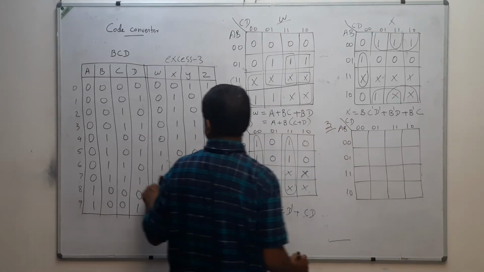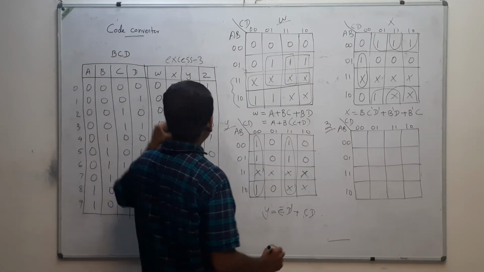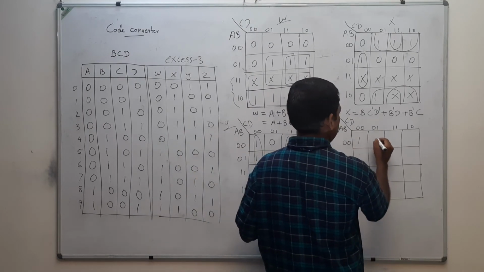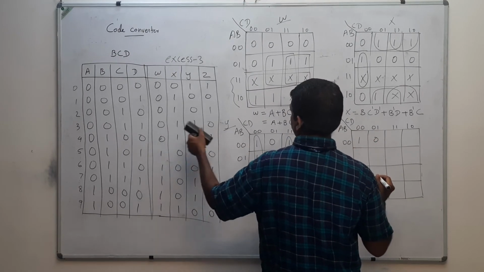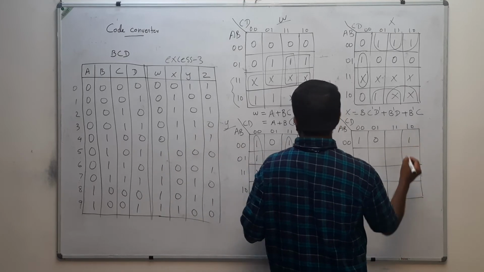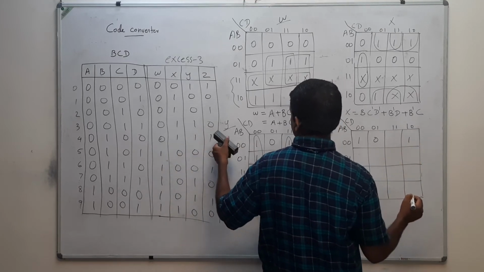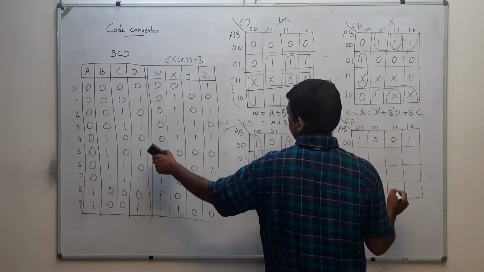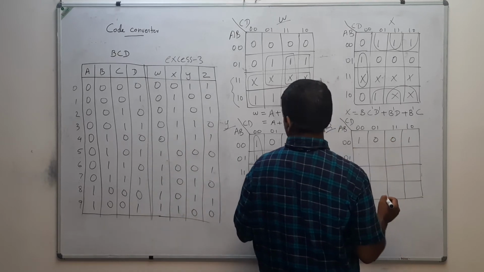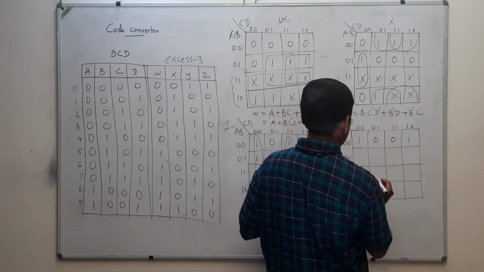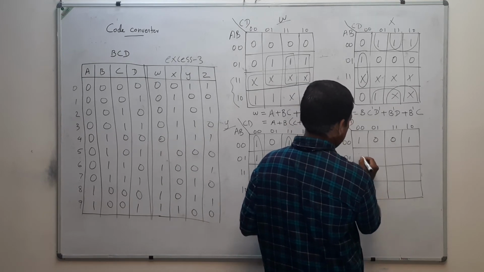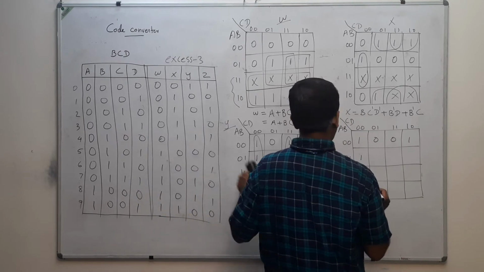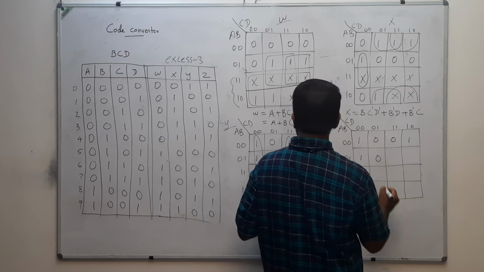Z is 0, 0, 0, 0 is 1. 0, 0, 0, 1 is 0. 0, 0, 1, 0 is 1. And 0011 is 0. Then 0100 it is 1. 0101 is 0.